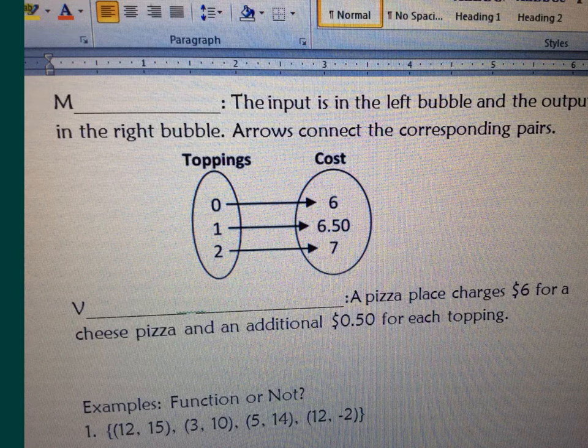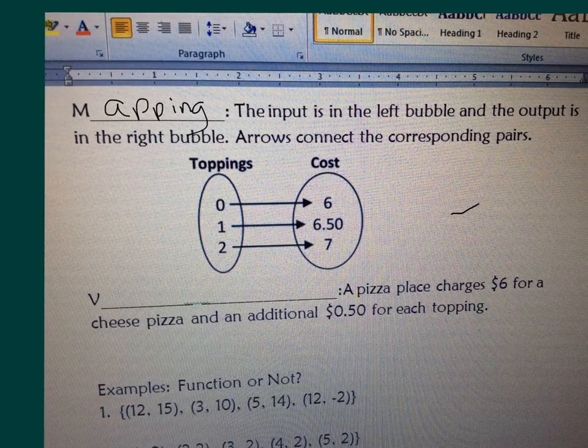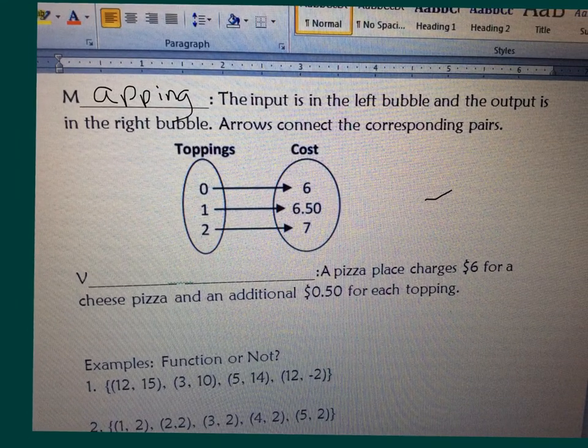The M stands for mapping. What mappings are is when the input is on the left and the output is on the right, and these are put into bubbles instead of looking like a table, and they connect to the corresponding pairs. You might also note that in a mapping, on both sides, the numbers go in order from least to greatest.